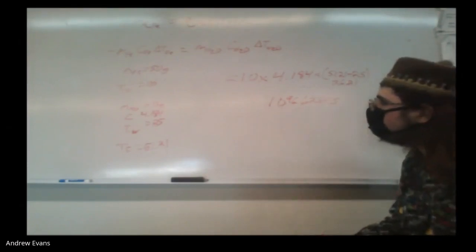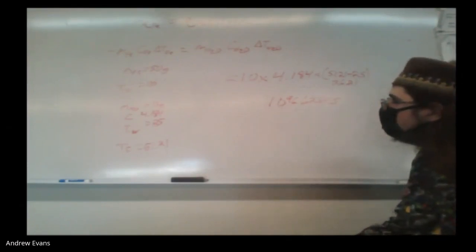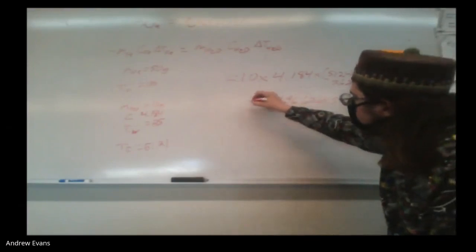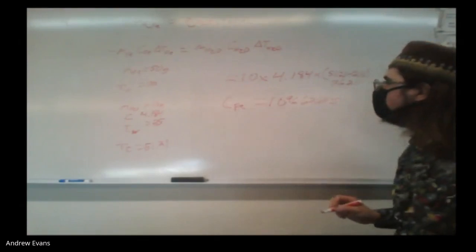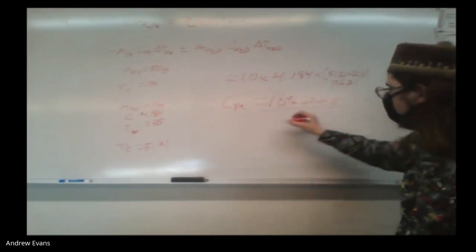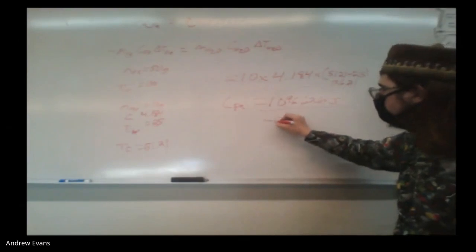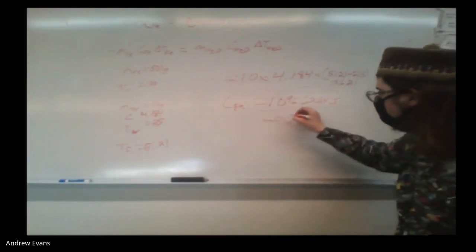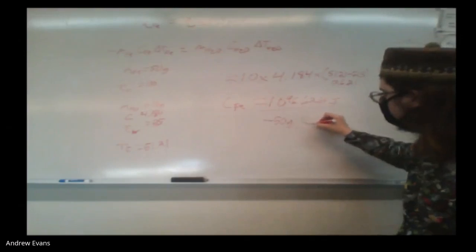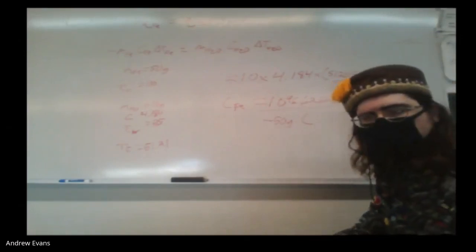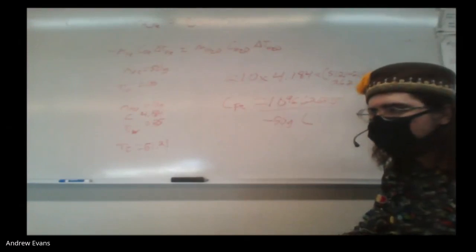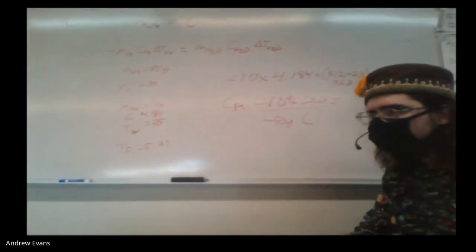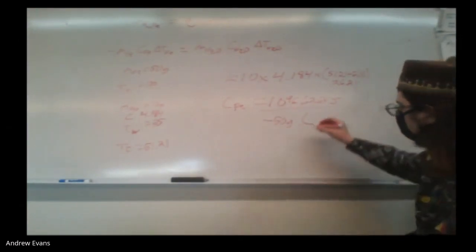Now we're solving for C of iron. So I'm going to divide both sides by the negative mass, so negative 50, and divide by our delta T. And here might be the tricky part. What is our final temperature of the iron? You might think we're not given enough information here. But the final temperature of the iron is actually the final temperature of the water as well.